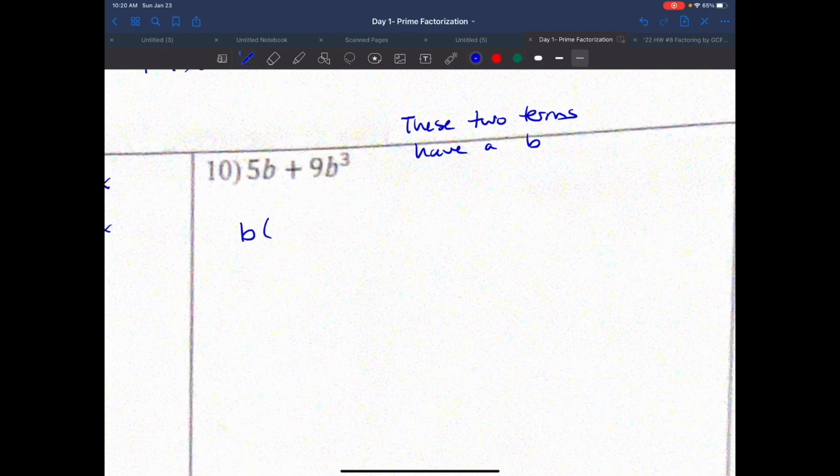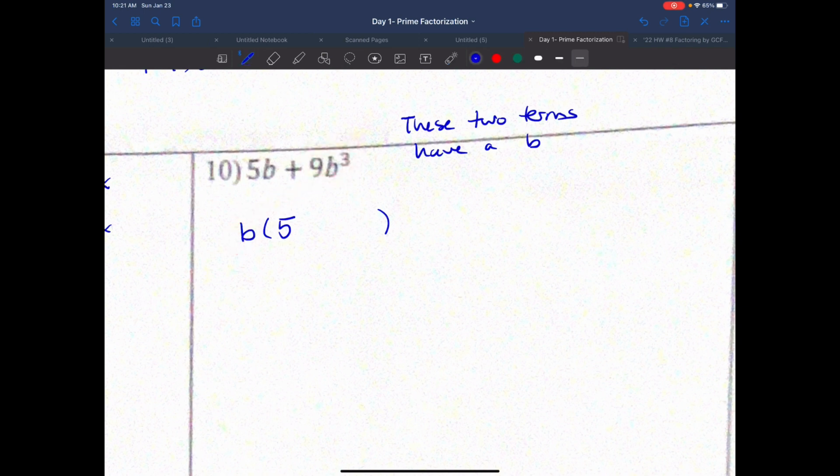And then I'm going to put those parentheses, and I'm going to say, well, b times something is going to give me 5b. And we know that 5 times b is just 5b. So I'm going to write 5 here. And then next, b times something will give me positive 9b cubed.